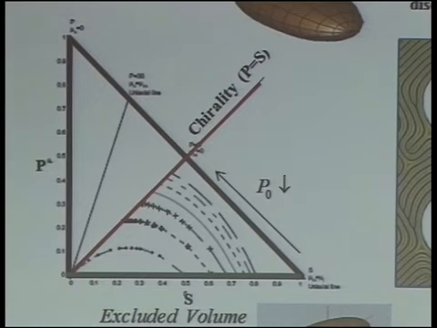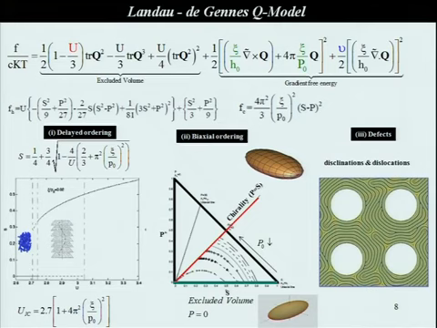So I move along these lines and I end up on this chirality line. And as I move, these different curves correspond to different nematic potential, or more and more concentration. Okay, so this is the simplest effect of chirality to give you biaxiality.